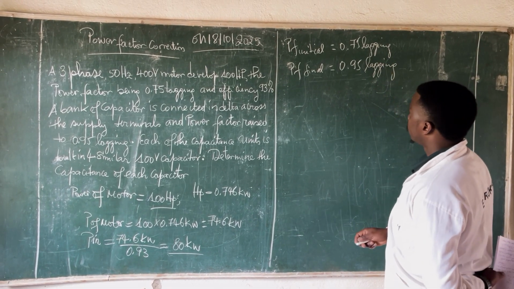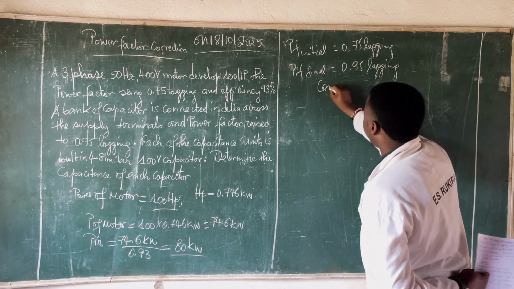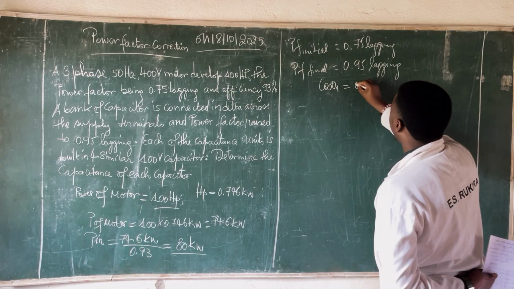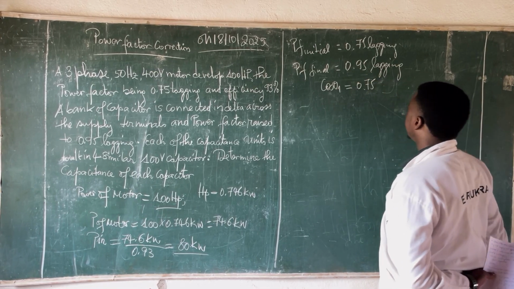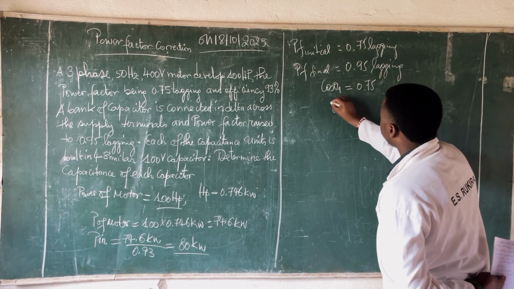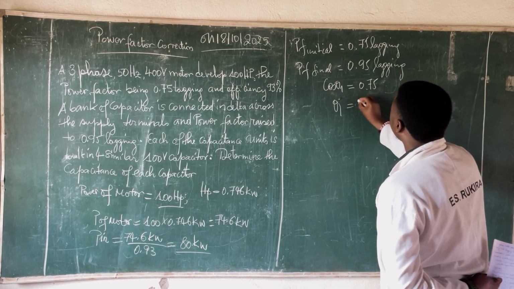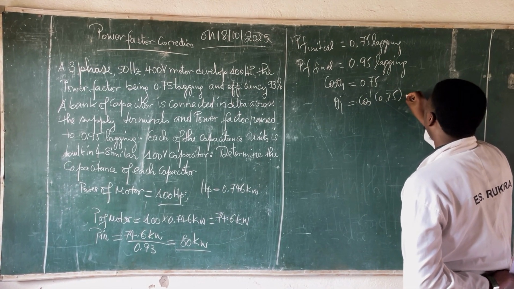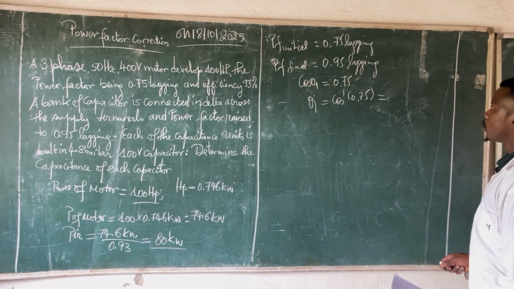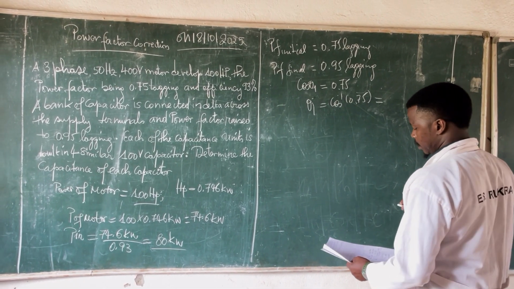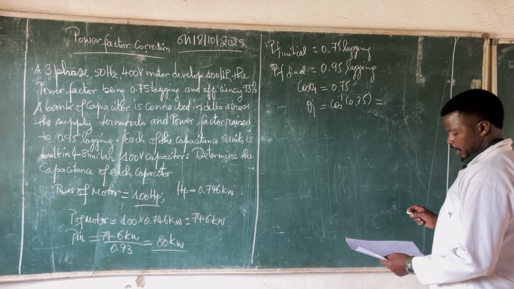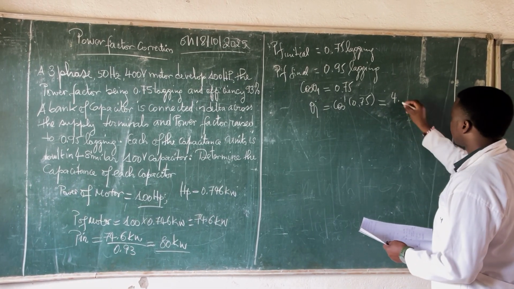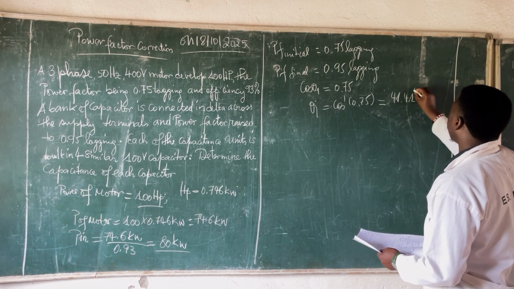Let's find theta 1 from cosine theta 1 equal to 0.75, so theta 1 will be equal to cosine inverse of 0.75, which is about 41 degrees.